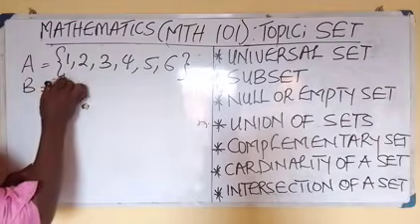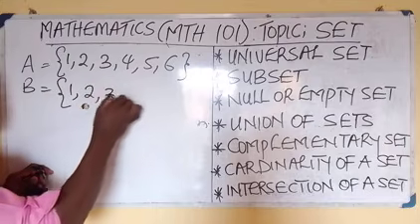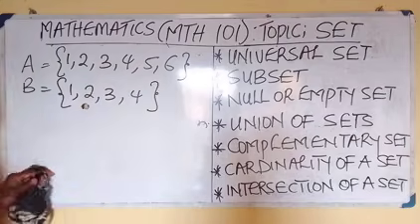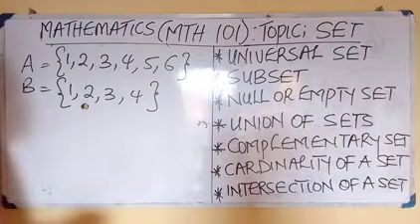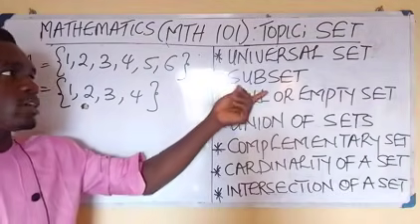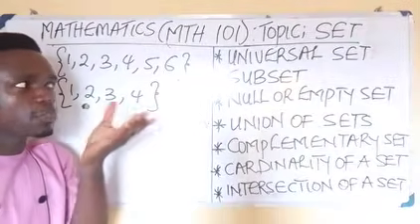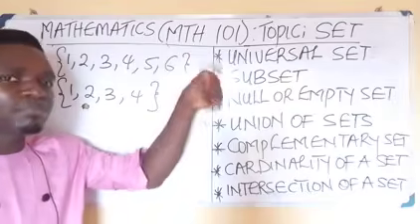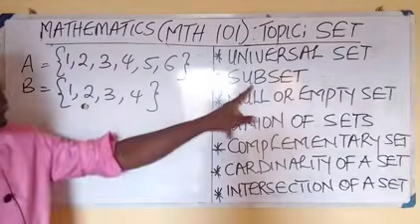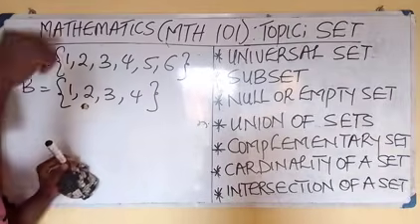All right, I have 1, 2, 3, 4. Subset. When we say sub, it means under. That is, when we say subheadings, they are smaller headings. They are smaller topics under the major topic. So when we are saying subset, they are sets found in another set.